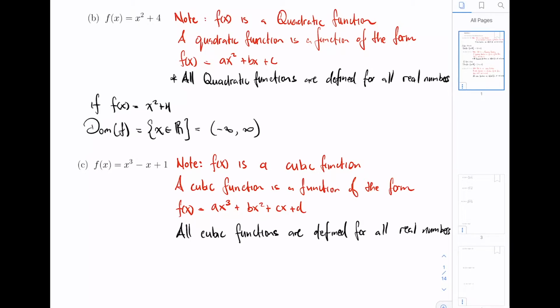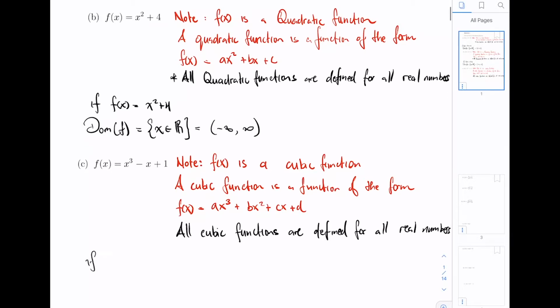Okay? All cubic functions are defined for all real numbers. So now we can say that if f of x is equal to some cubic function x cubed minus x plus 1, right? Then we can say that the domain of this function f is equal to the set of all real numbers without any restrictions.